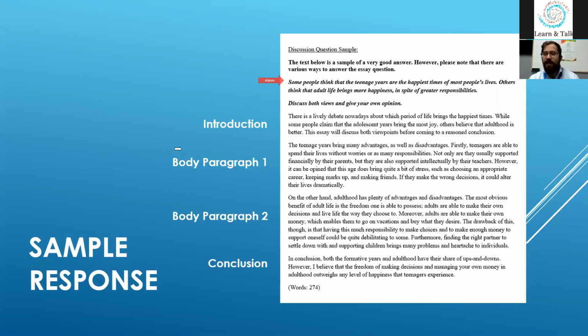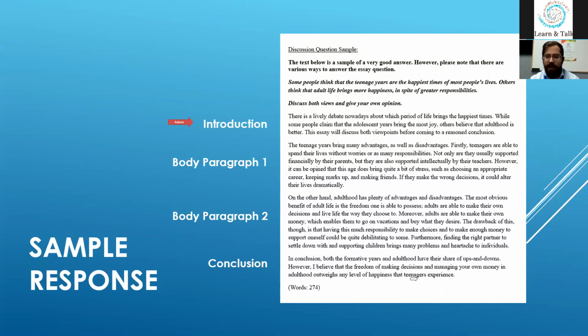We have an introduction, we have a conclusion, and we have 2 body paragraphs between them. And this is what we really recommend. Of course, you can sometimes write 3 body paragraphs, but because you only have so much time, and you're supposed to do this in 40 minutes, we recommend 2 paragraphs. So let's take a look at why this is such a good response.